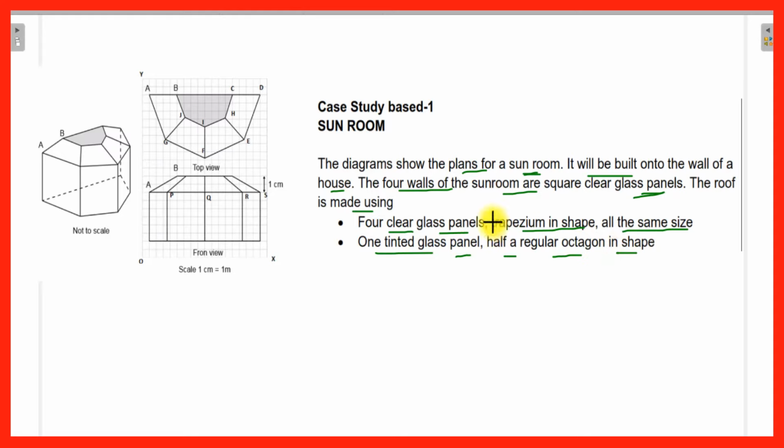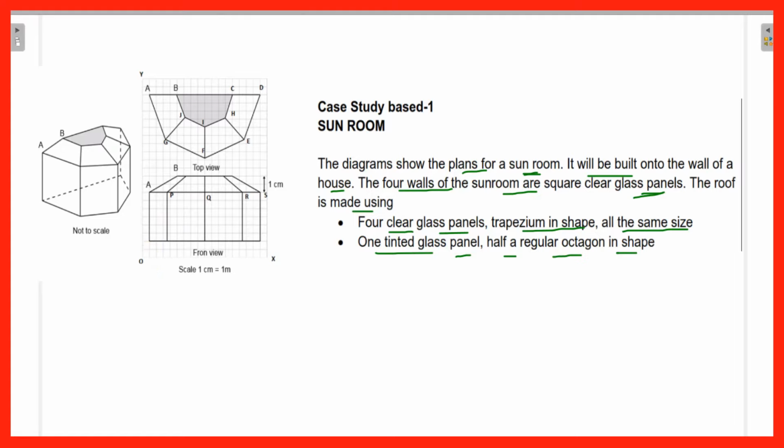Here the shapes of the panels are given to you, and the diagram is given, and in the diagram there is a top view and a front view. These are shown on graph paper so that you can find the distances and the coordinates to solve the questions asked further. Now, this is the origin.